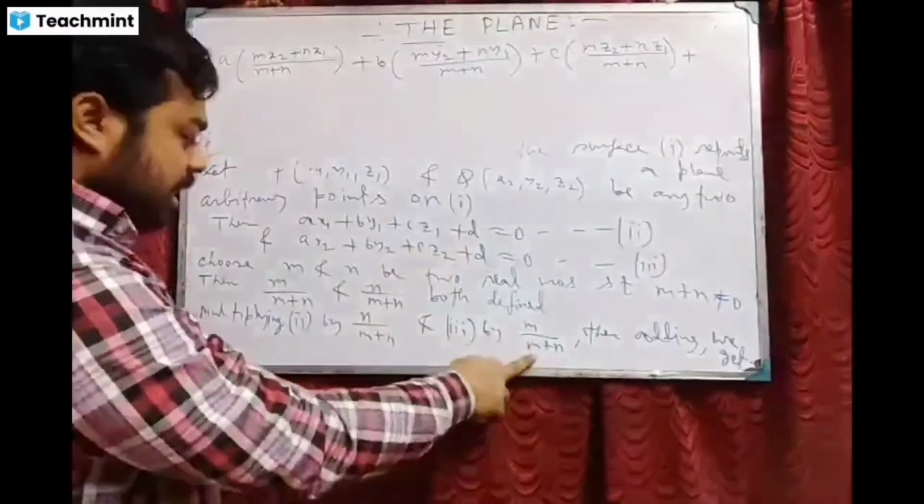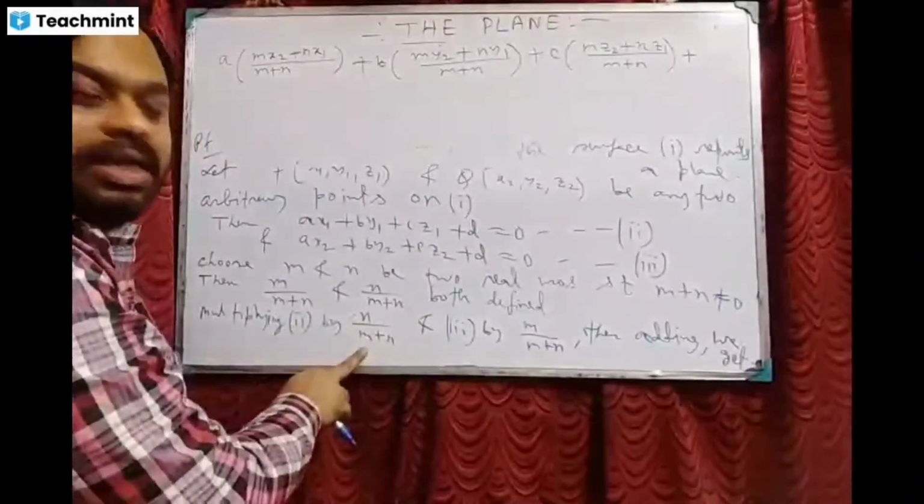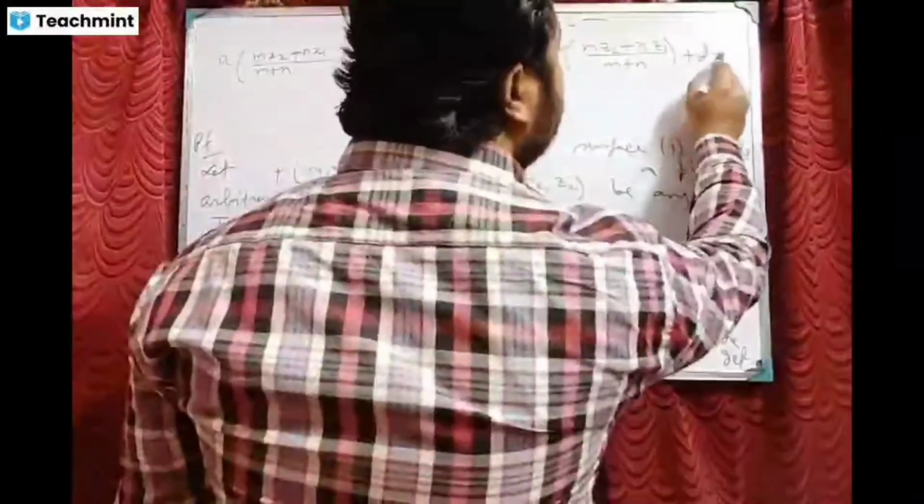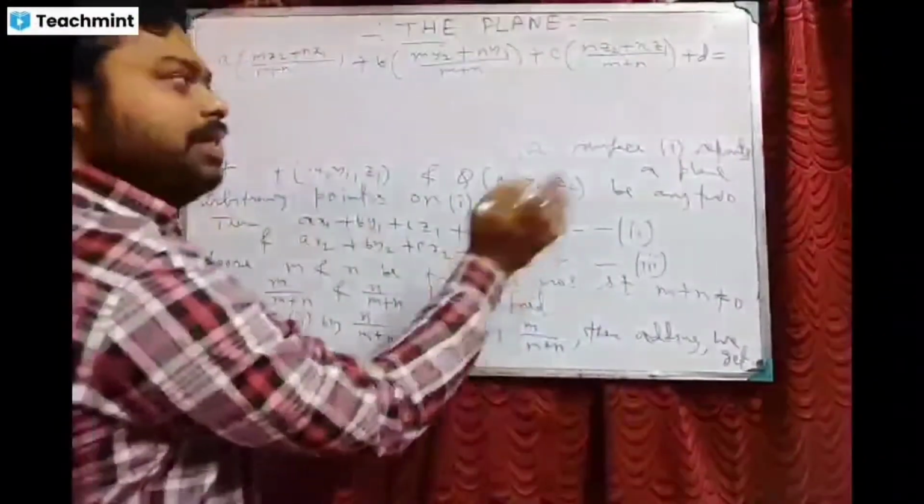So m/(m+n) and n/(m+n), the sum of these two is 1. So D into 1, that is D. 0 multiplied by this is 0.